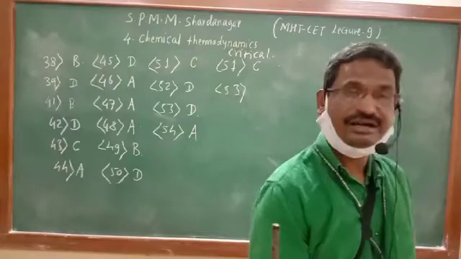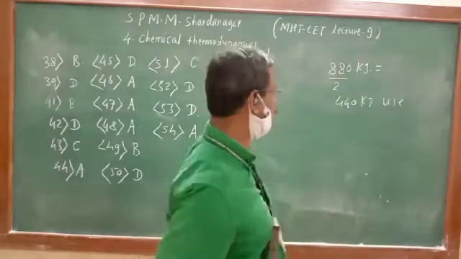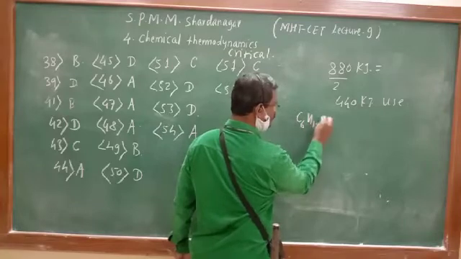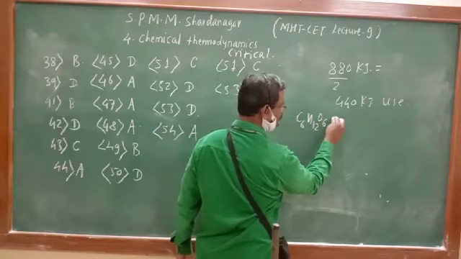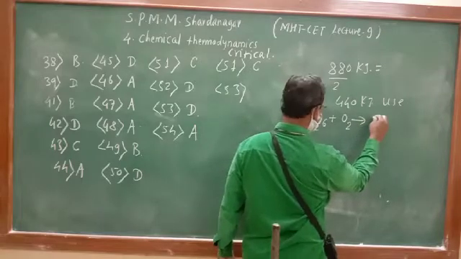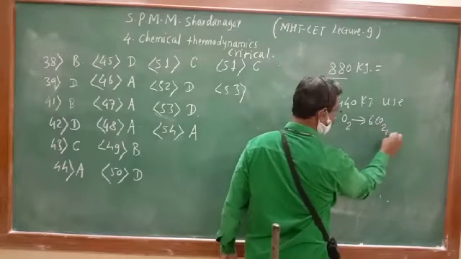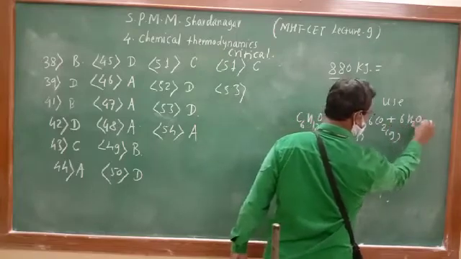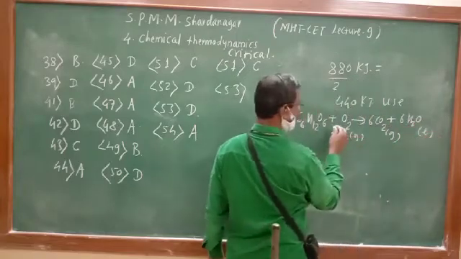So let us write the reaction of glucose. C6H12O6 plus O2, combustion, converted to 6 CO2 gas plus 6 H2O liquid.